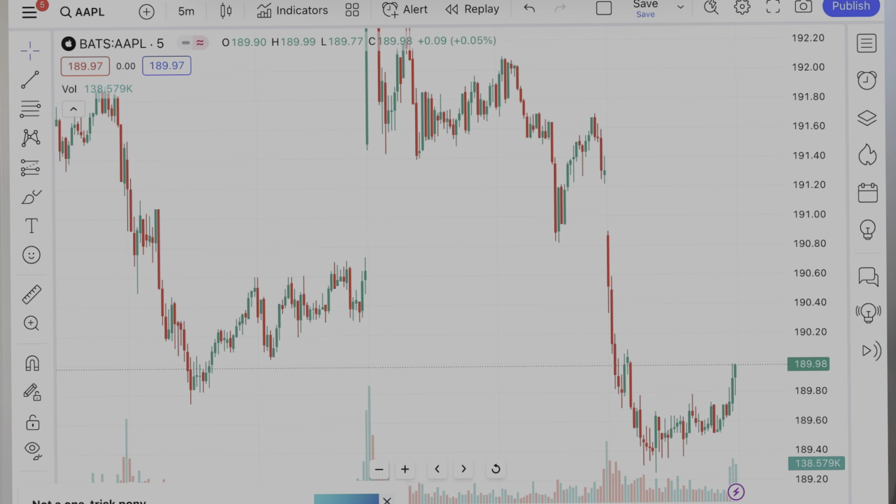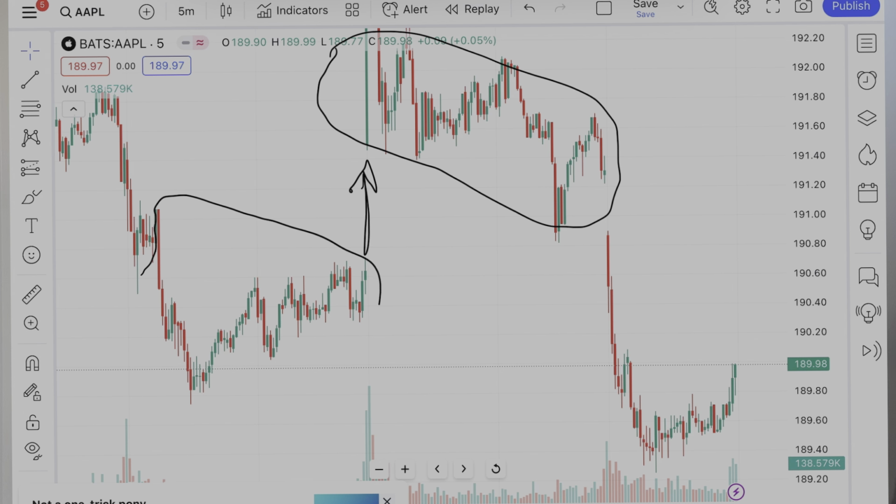So this is what I mean by gaps getting filled. It did the gap and go after pre-market, and this was the trading day. This was one day right here, and then this was the next day.